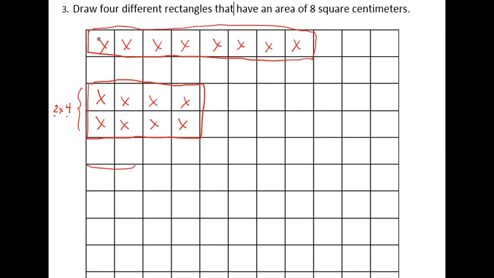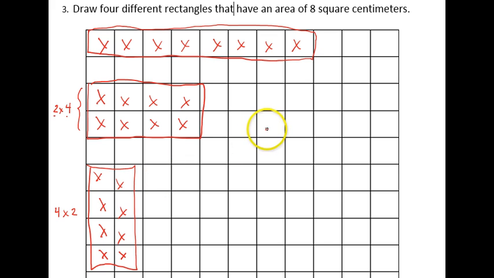That's different than this rectangle, which would be 4 rows of 2. 4 times 2. So we consider this a different rectangle because it's representing a different multiplication problem.